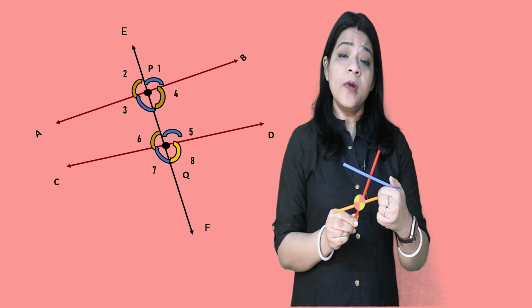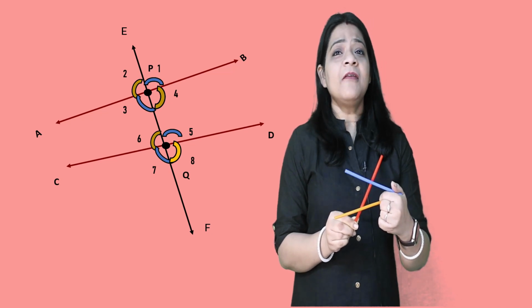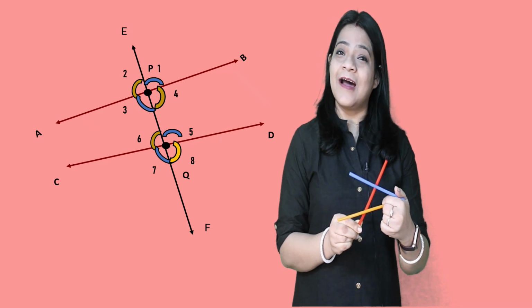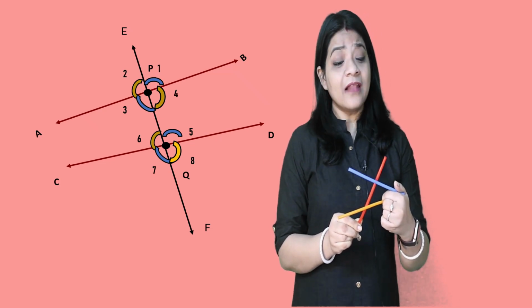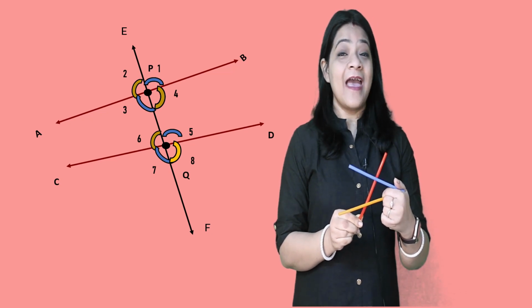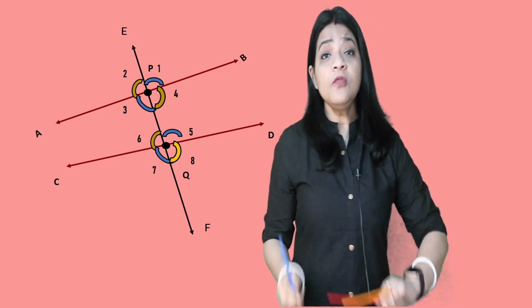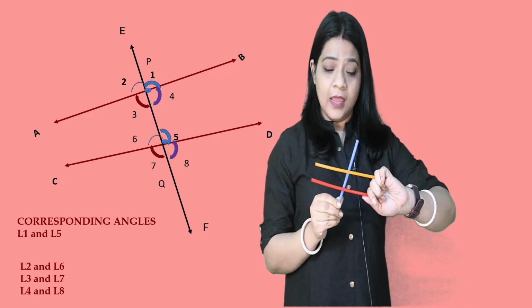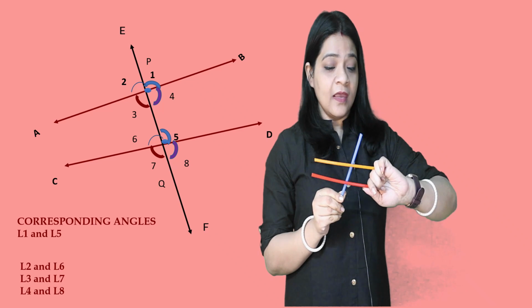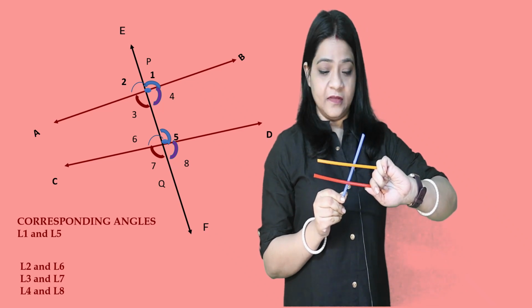With these angles, different types of relationships between the angles are formed. So let's have a look at the different types of angles and their relationships. If you see carefully, AB and CD are the two lines and EF is the transversal.